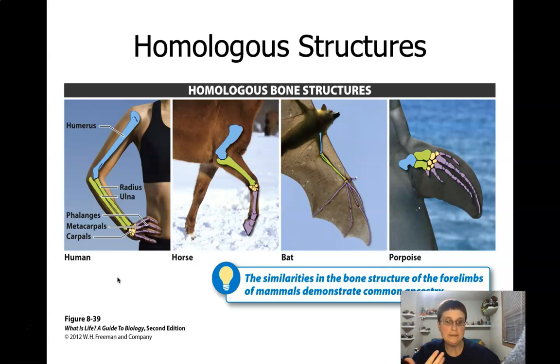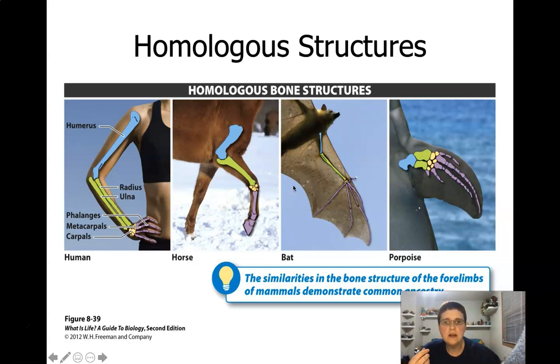And why not? Yeah, because most of us look at this and go, well, humans use their arms differently than horses. I mean, horses use their legs to walk on, and bats use their wings to fly, and porpoises use their flippers to swim, right? But if we look, all of these use the same pattern in their structure, right?